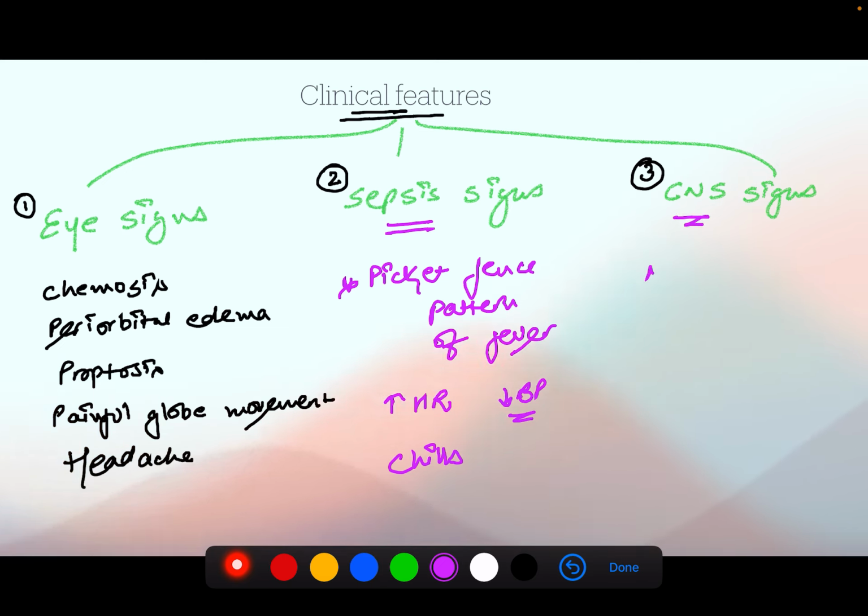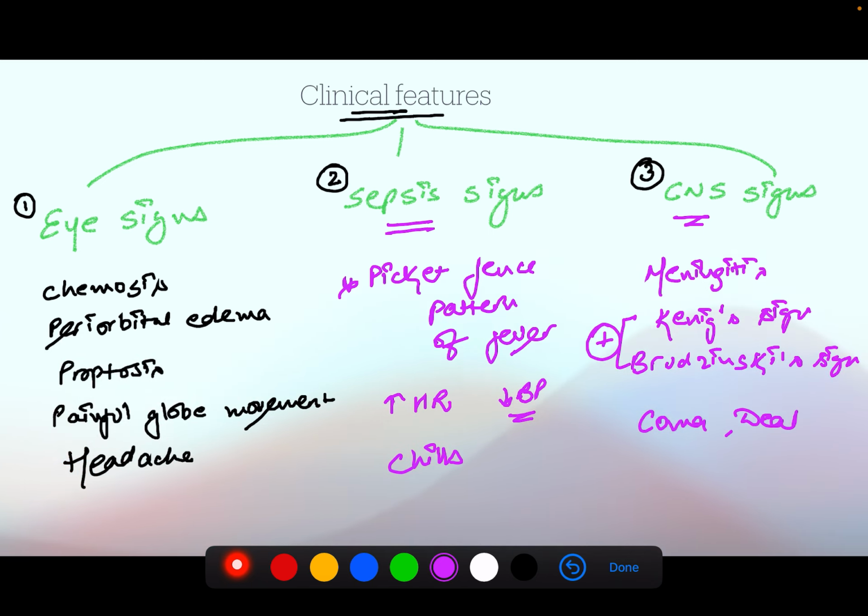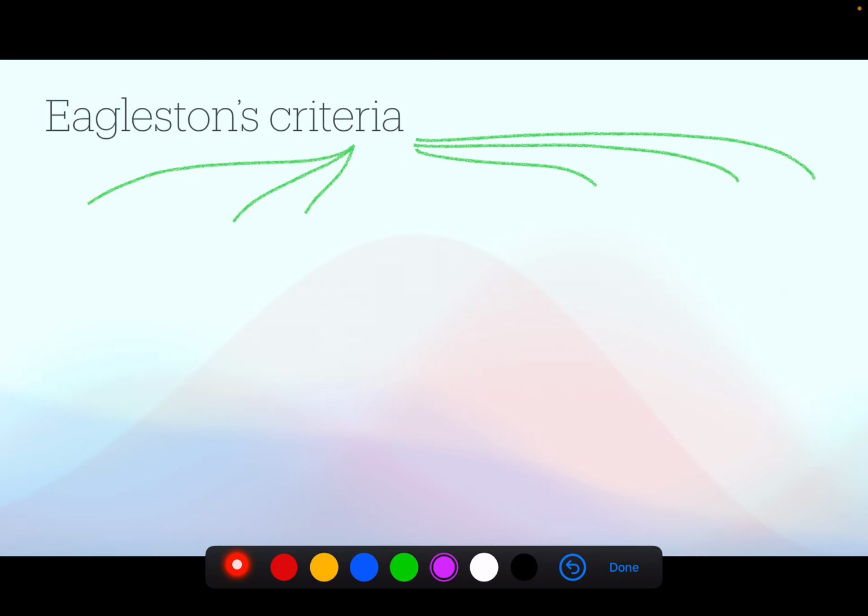For the CNS symptoms, there will be meningitis, in which Kernig sign and Brudzinski sign will be positive. Also coma or death can be associated with cavernous sinus thrombosis.